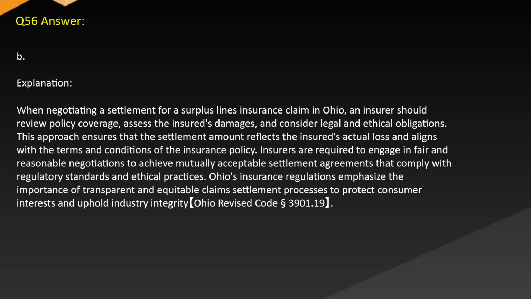Insurers are required to engage in fair and reasonable negotiations to achieve mutually acceptable settlement agreements that comply with regulatory standards and ethical practices. Ohio's insurance regulations emphasize the importance of transparent and equitable claims settlement processes to protect consumer interests and uphold industry integrity. Ohio Revised Code 3901.19.